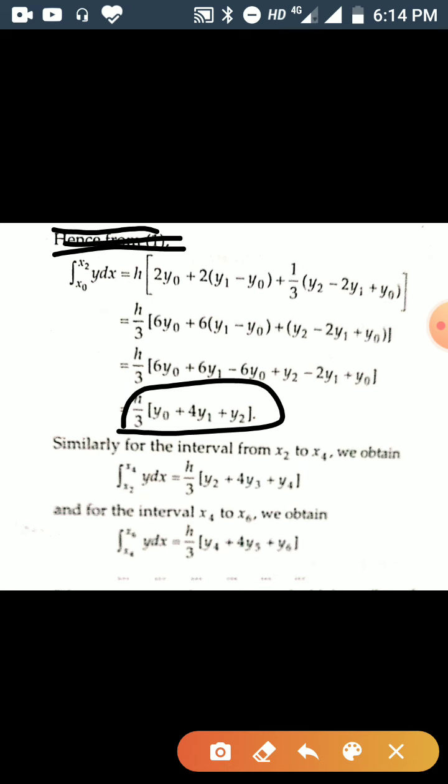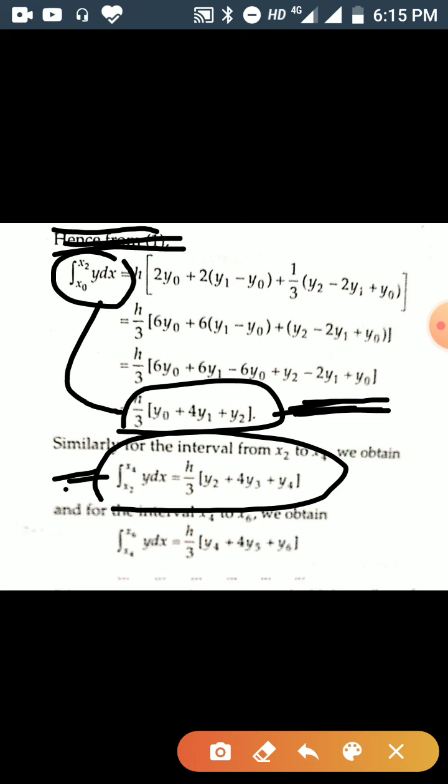Similarly, for the other intervals from x2 to x4 we obtain integration x2 to x4 y dx is equal to h by 3 times (y2 plus 4y3 plus y4). Just following this, x0 to x2 y dx gives h by 3 times (y0 plus 4y1 plus y2).